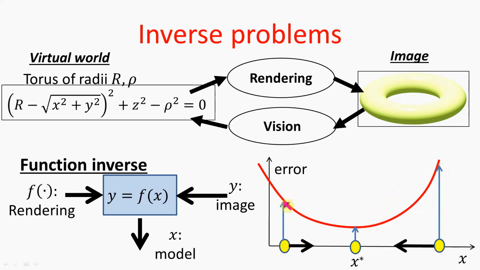Not only the sign, but also the magnitude of the derivative present useful information, because if the magnitude of the derivative is big, we can make big steps, because very probably we are far from the minimum of this error function. However, when the magnitude is small, we are at the bottom of the valley, then it is worth making very small steps in order to avoid that we overstep the solution.